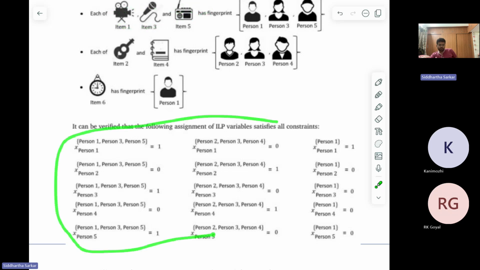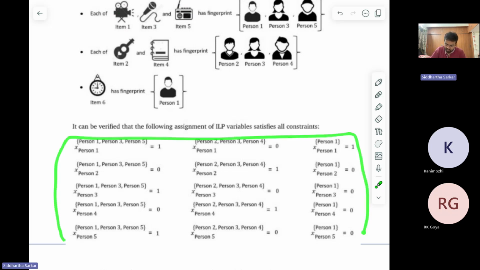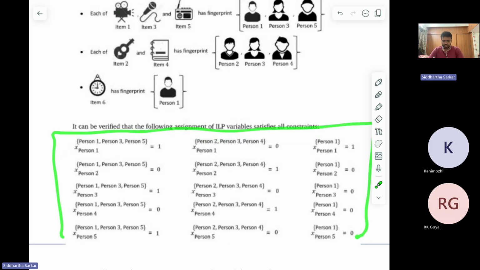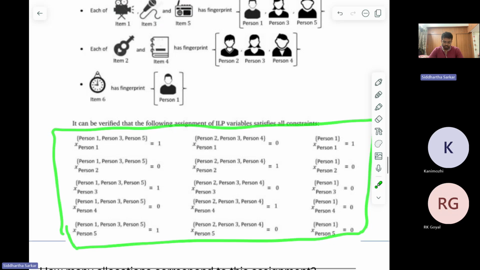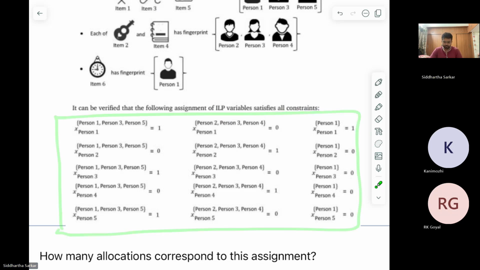So this is just saying that, okay, I have 6 items. I have ensured that 6 items are allocated to these 5 persons governed by these equations. Now, these equations are not specifying which one gets what item. The question is, in how many ways these 6 items could have been allocated to these 5 persons such that these equations were satisfied.